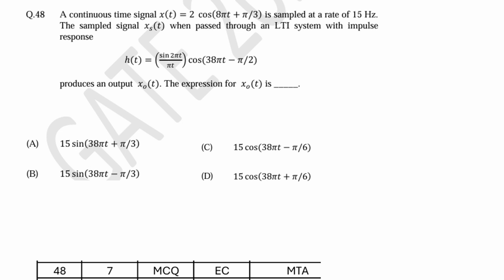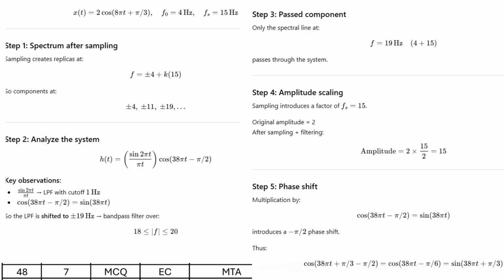Okay, one last question. Let's go fast. We'll conclude. So this is the concluding question. A continuous-time signal x(t) is given. It is sampled at the rate of 15 hertz, and the sampled signal, whenever it passes through the LTI system h(t), produces x_o(t). So what will be the output? That is the question here. x(t) is given, f_0 is also given, and f_s is given, right?